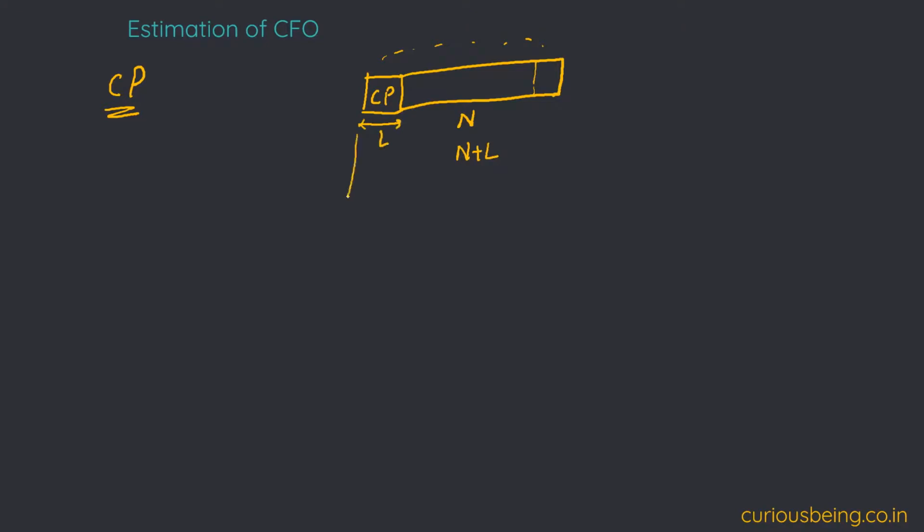Let's write first the components of the cyclic prefix, in terms of n only. This will be x[n] e to the j 2 pi delta k n by N. Correct me if I'm going wrong somewhere.